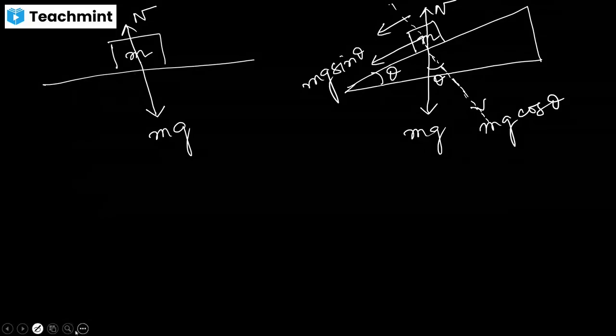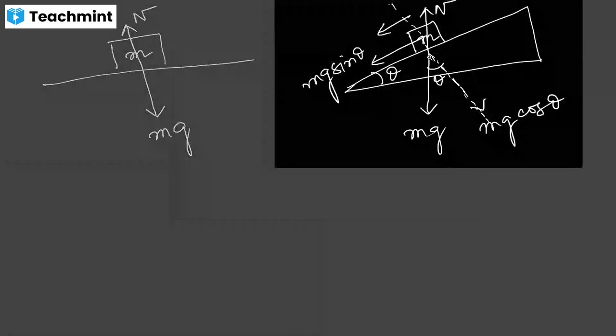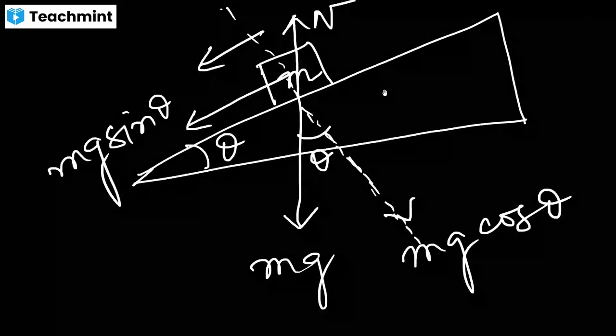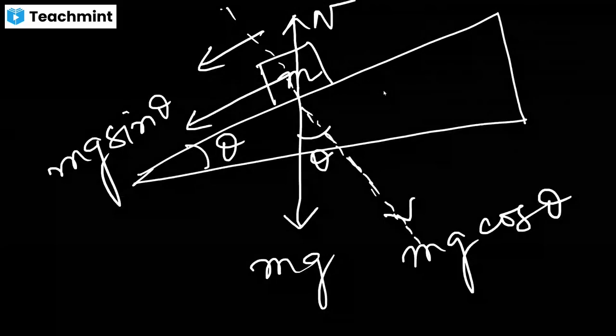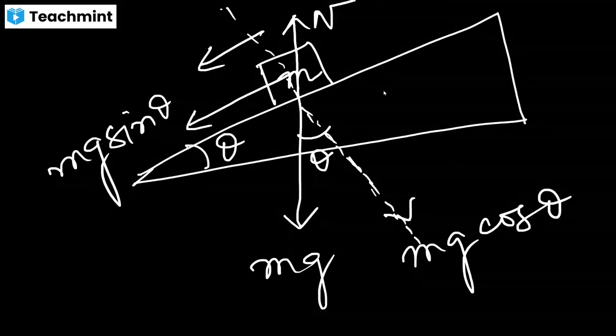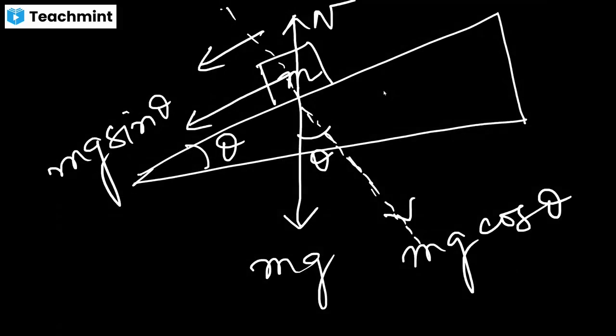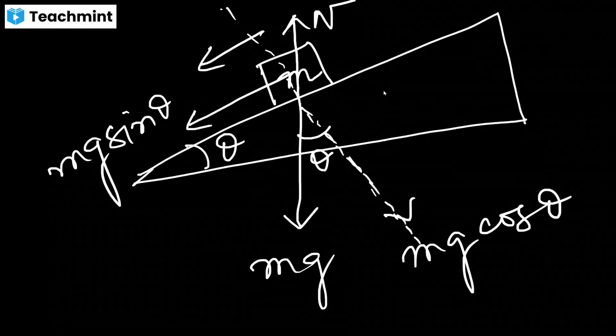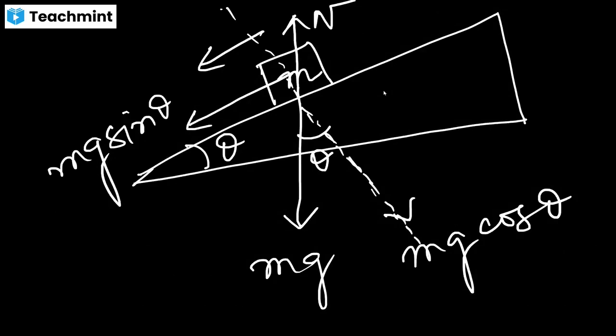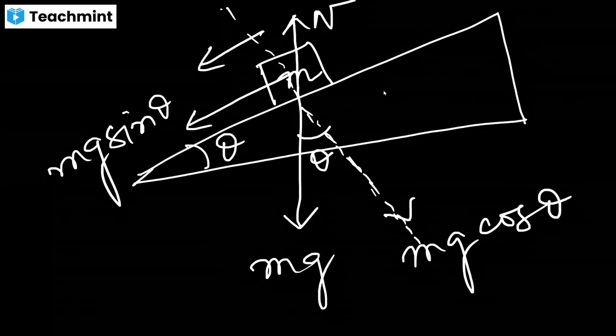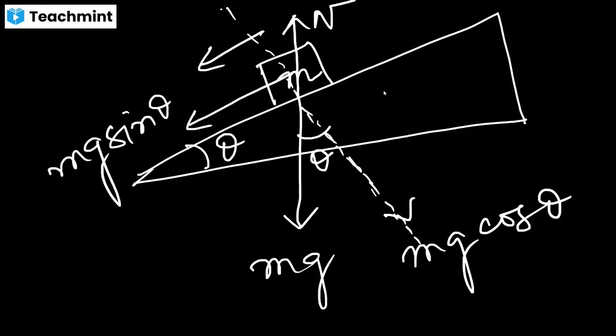I'm just zooming into the picture and making you understand again. In this case, the object was placed on an inclined plane which was having the plane of inclination as theta with respect to the horizontal. The weight is not depending on the inclination or whatever. The m into g, the weight of the object, is just working vertically downward, and the normal reaction force is acting in vertically upward direction.